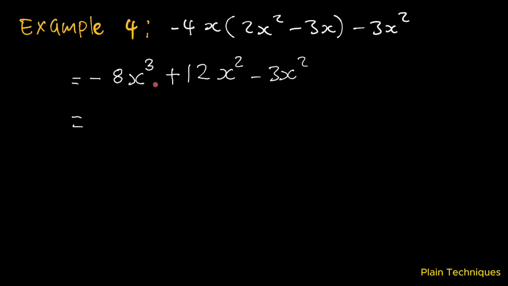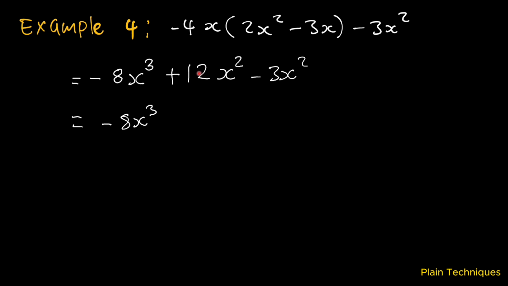You start with the first term. This term has exponent 3, right? So it's x cubed. Now, is there any other term that has x cubed here? No. So you go ahead and put it here. So that will be minus 8x cubed, right?